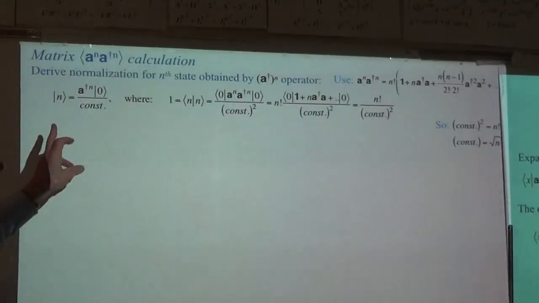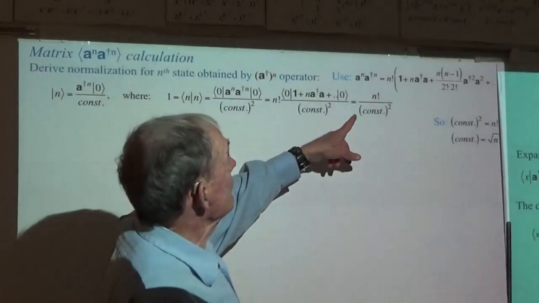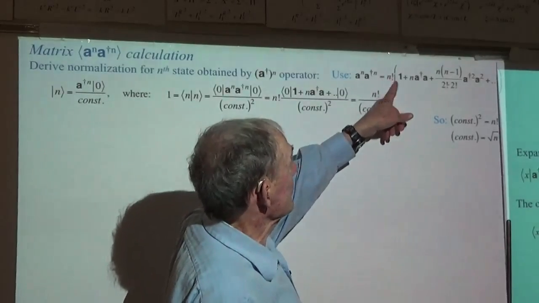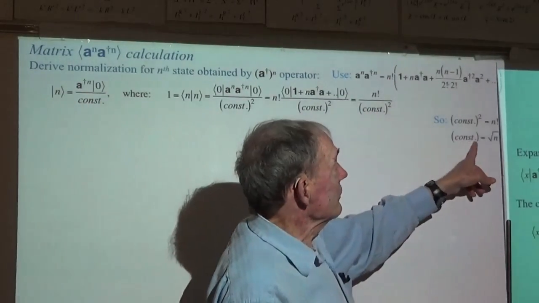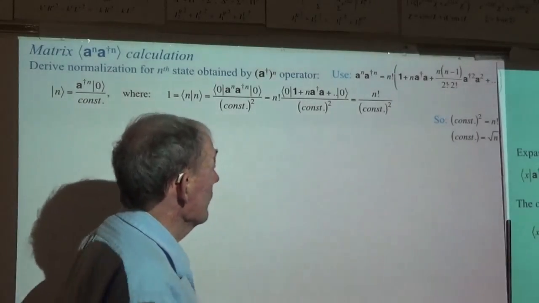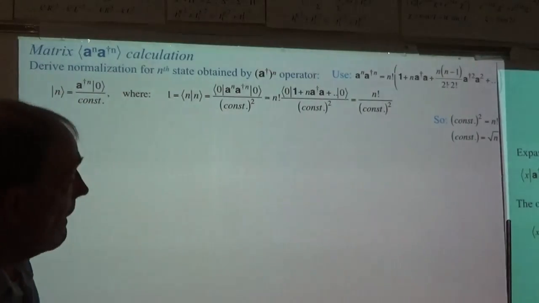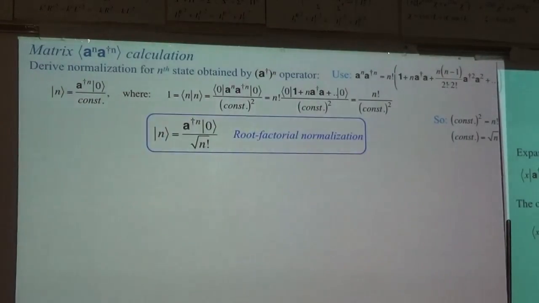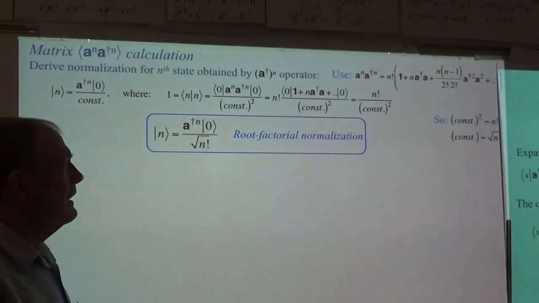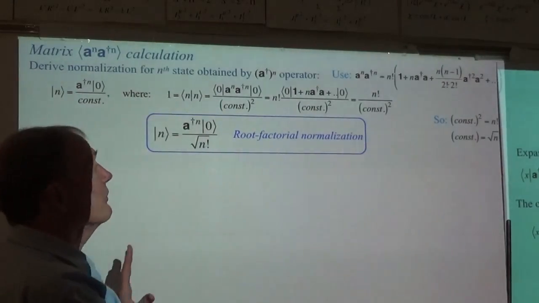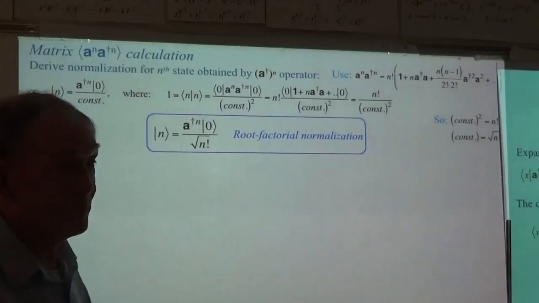We're getting that 1 is equal to n factorial, it's this thing here, over the constant squared. So our normalization constant is going to be the square root of n factorial. Okay? That's the root factorial normalization that we need. So all that bookkeeping really is good for doing some other things, but today it's all we need.